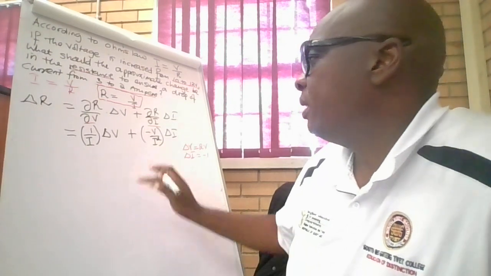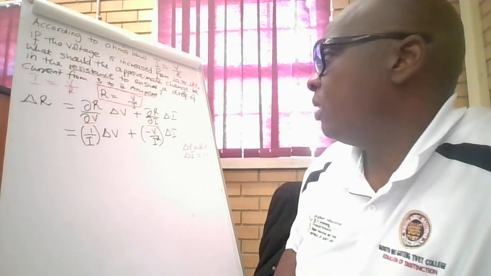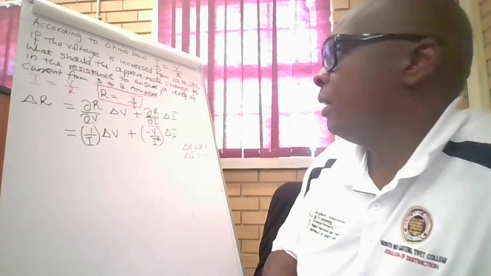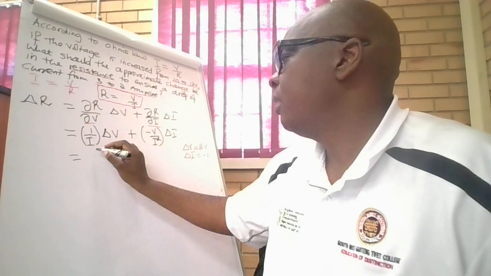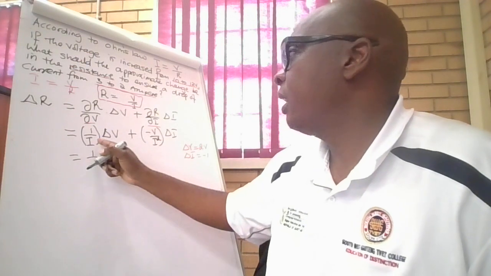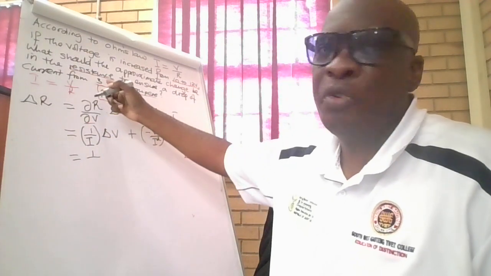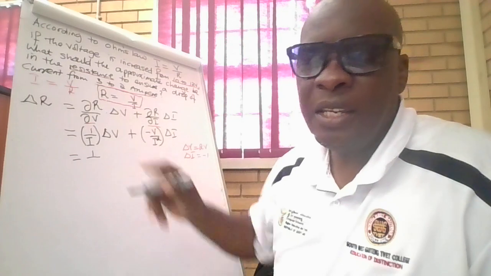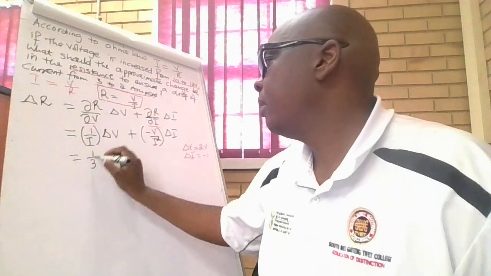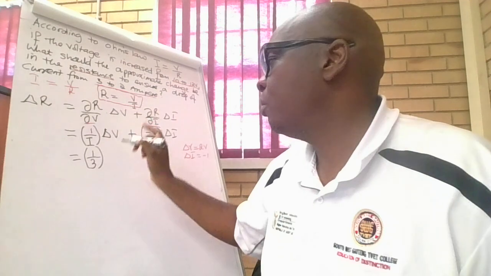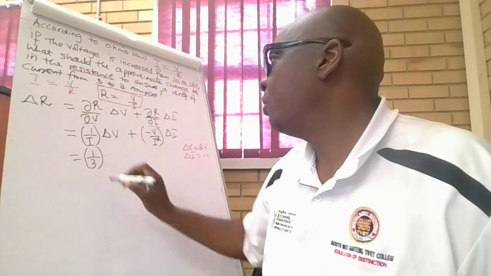So we can now go in and substitute these values into the derivative formulas that I have done here. So this becomes 1 over current. For current, we go for the original initial value, which was 3, because it changed from 3 to 2, times the change in voltage.